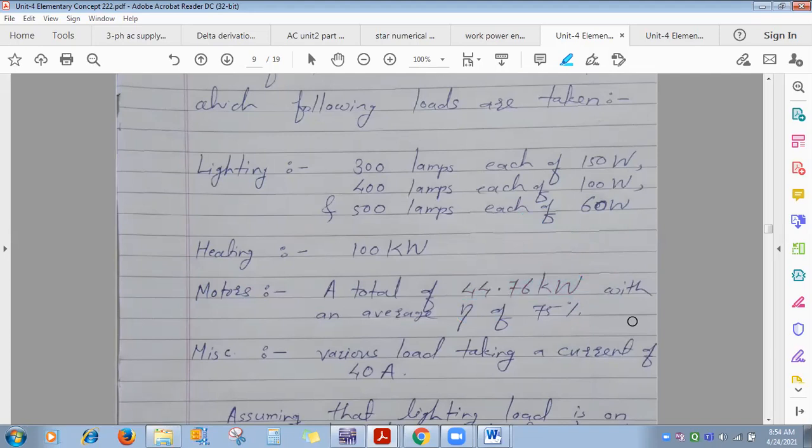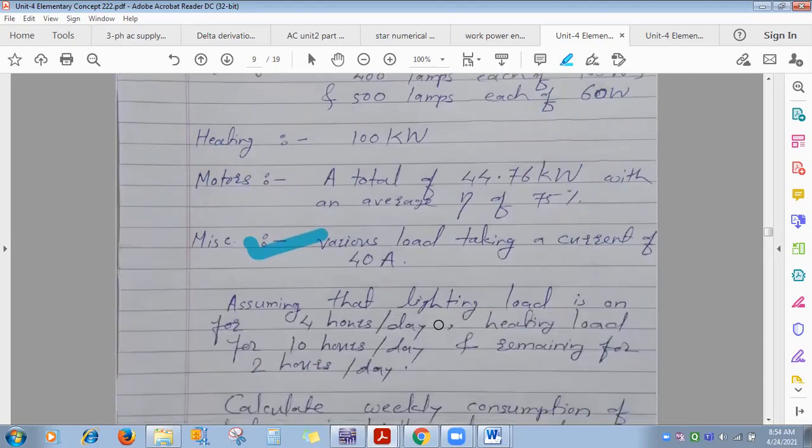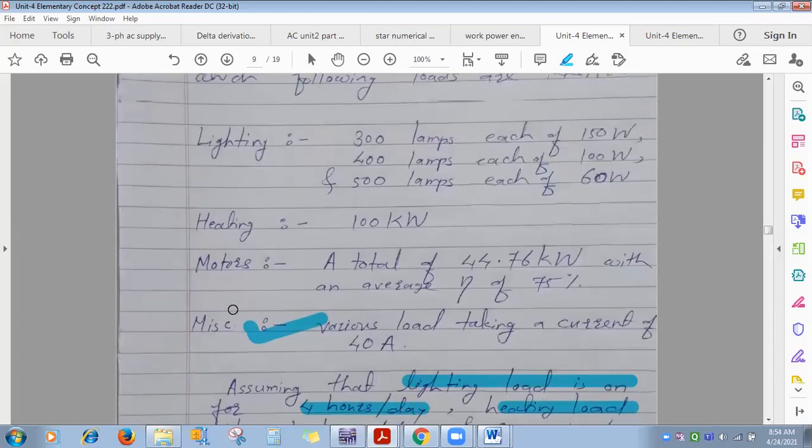Okay. So see here, motor, then miscellaneous load taking a current of 40 ampere. Now, for how much duration it is on, that is also given. See, lighting load 4 hours per day, heating load 10 hours per day, remaining load 2 hours per day. Remaining means which one? Motor and miscellaneous. Okay.